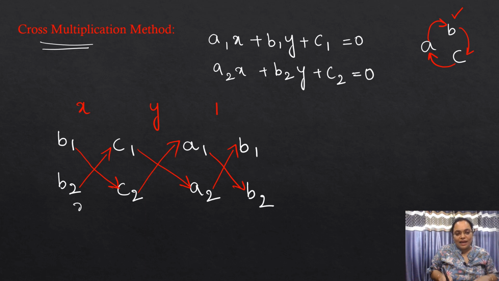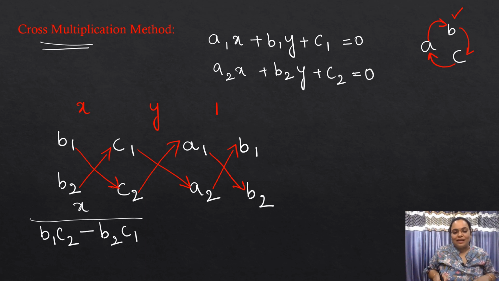You will take x divided by B1 C2 minus B2 C1, which is equal to the next one for y. Y by C1 A2 minus C2 A1.